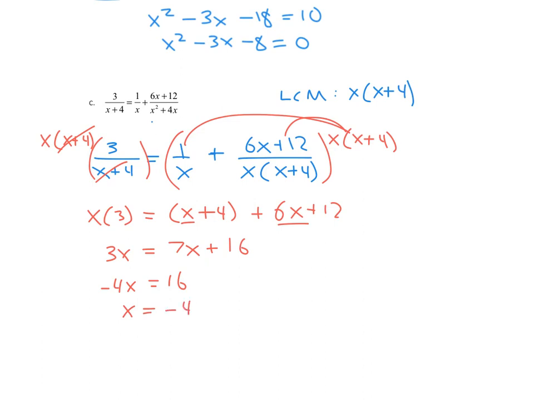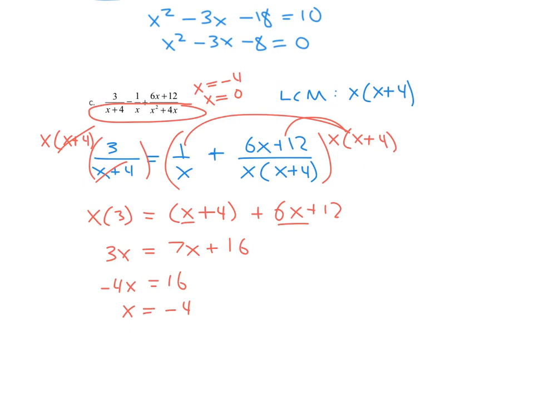And again, we want to check for extraneous solutions. And if we go back to our original equation, and we look at what numbers would make the bottom 0, x equal to negative 4 and x equal to 0 make the bottom 0.